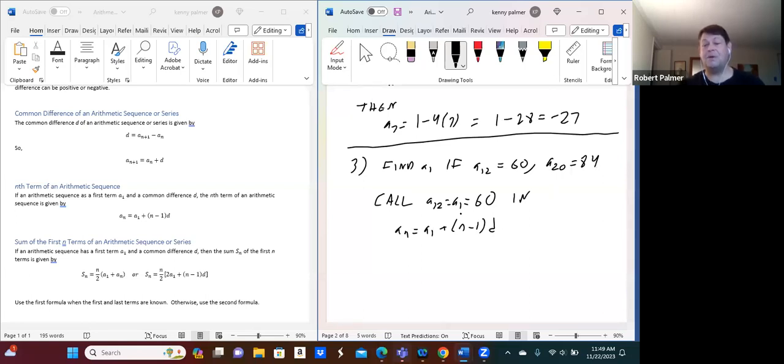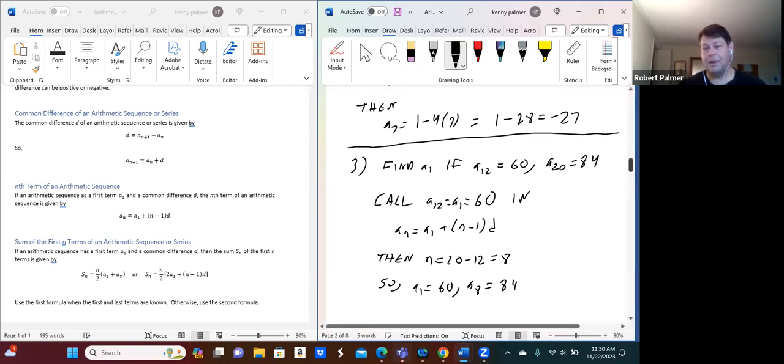If we start there, then our n for the next term up is going to be 20 minus 12, subtracting our counter numbers, and that's going to be 8. Hope this makes sense. If I start at 12 and call this 1, this would then be the 8th term. So for this formula, I have A1 is equal to 60, and A8 is equal to 84.